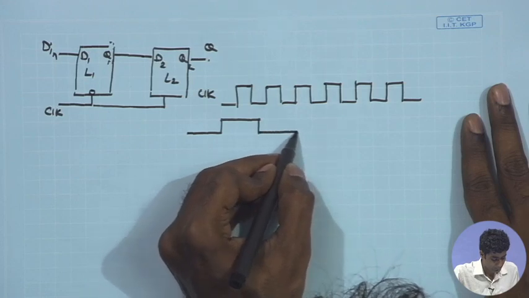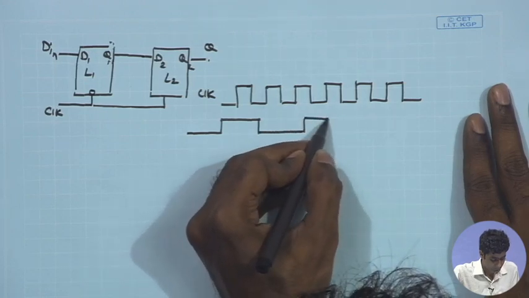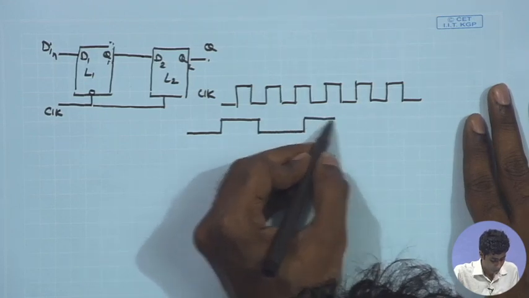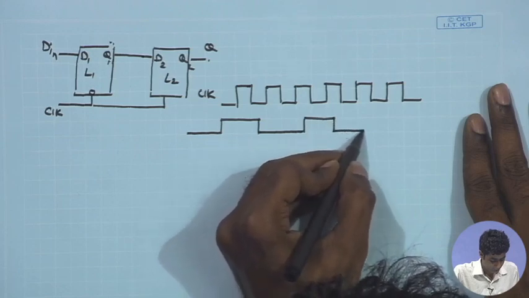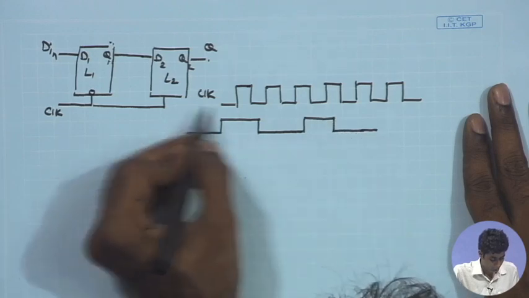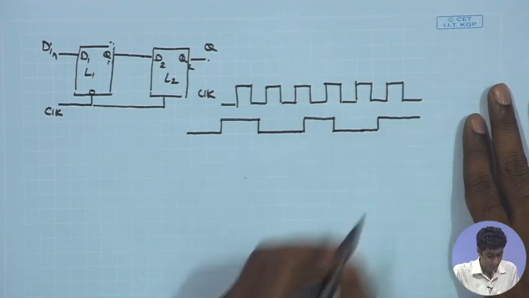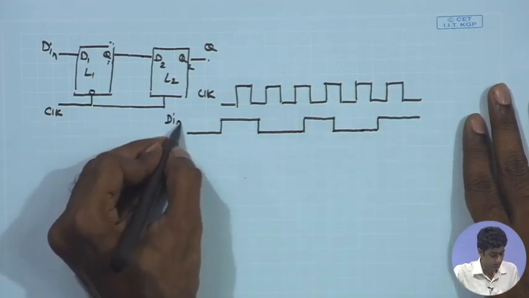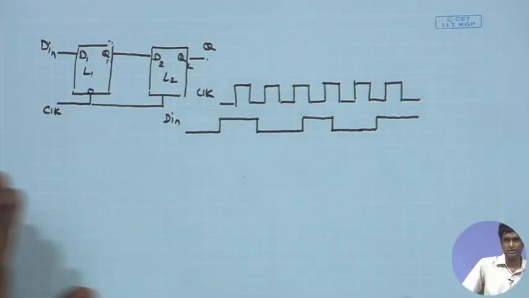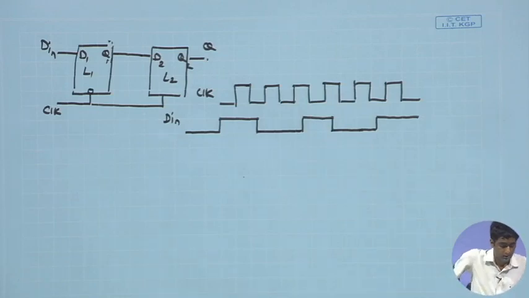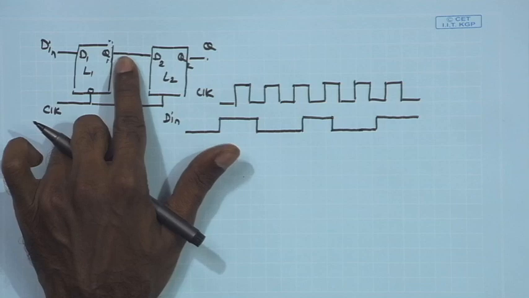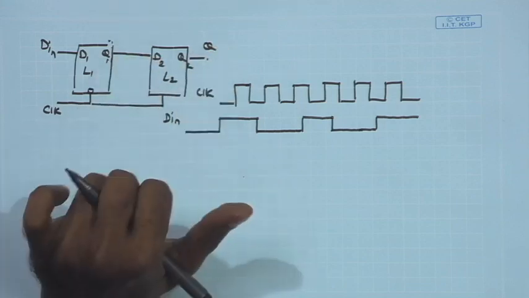It may be making transitions at arbitrary places. So, this is your D in, which is coming from some previous stage, and it can make transitions anywhere. And then I need to look at the waveforms of Q1 and Q2, which is our final output.